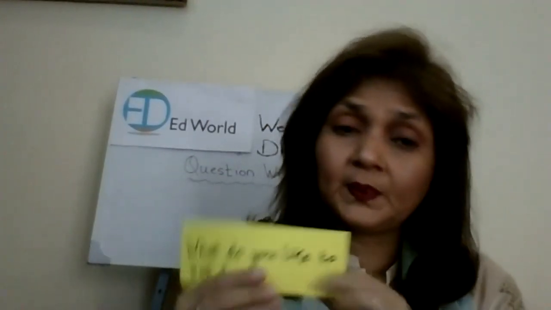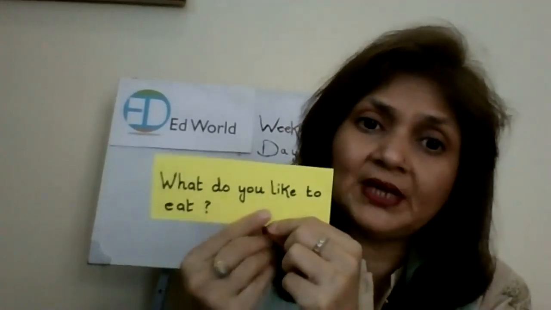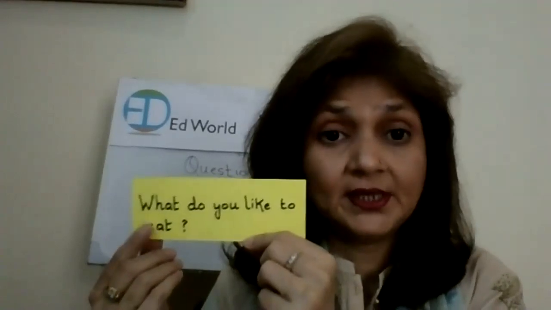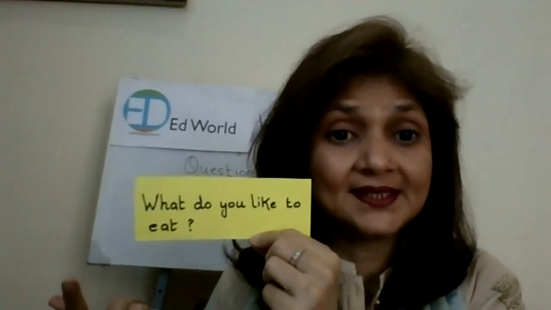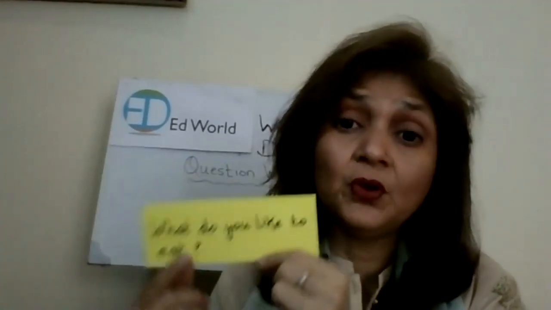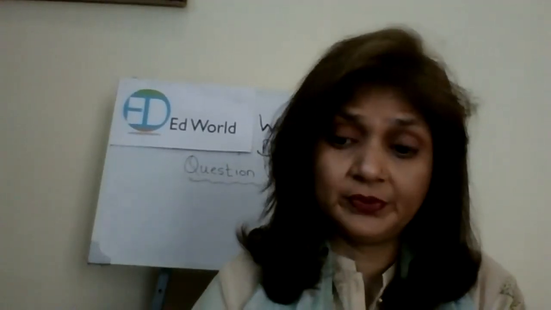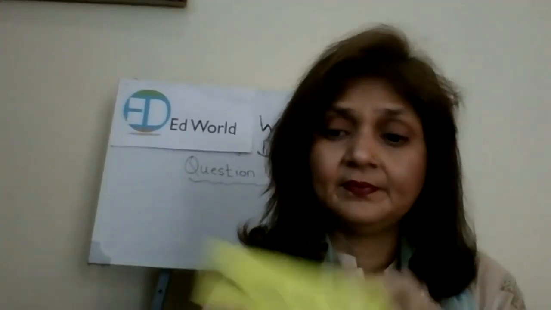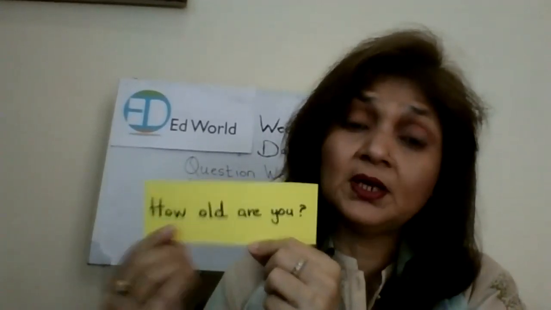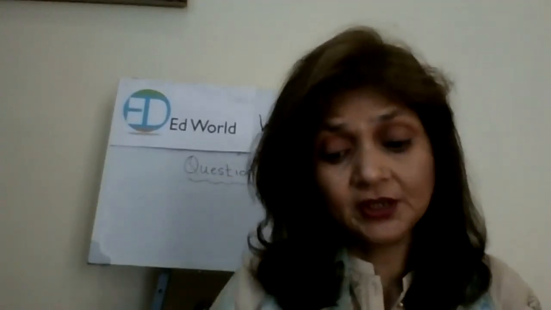Again, what do you like to eat? Which is the first word? What. And what is what again? It's a question word. It's asking you something. And over here, how old are you? What is how? How is a question word.